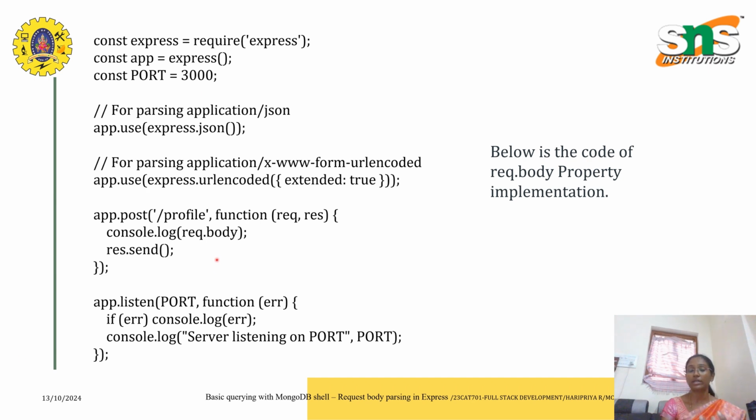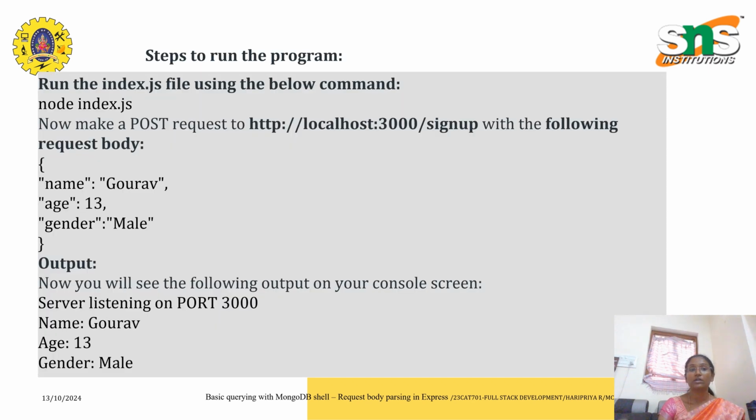Then res.send sends the response through the network or database. Then I give the port we have to use with app.listen, so the server listens on the port, and then we work on the property implementations.